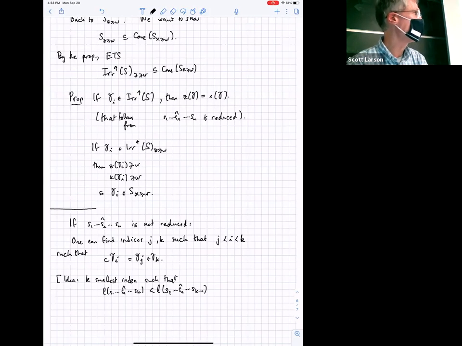Because it's a non-reduced expression, at some point the length has to go down when you decrease these things. So you let k be the smallest index where this is true.